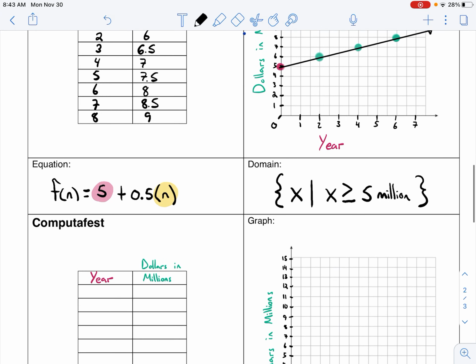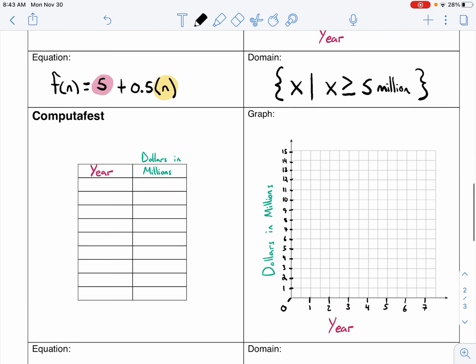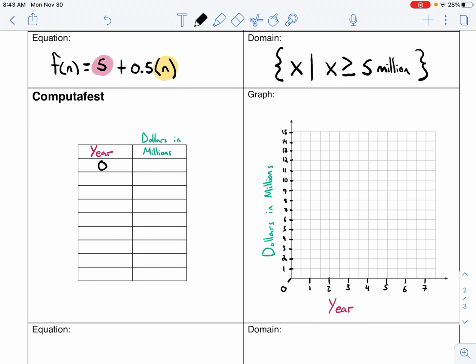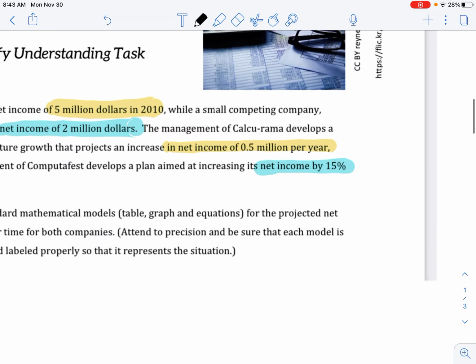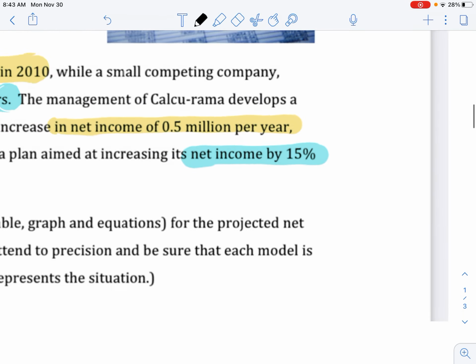All right, so Computafest, same thing for years: 0, 1, 2, 3, 4, 5, 6, 7, 8. But for Computafest, it said it is going to be increasing by 15%.